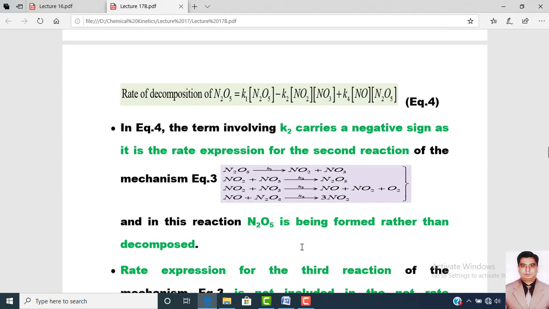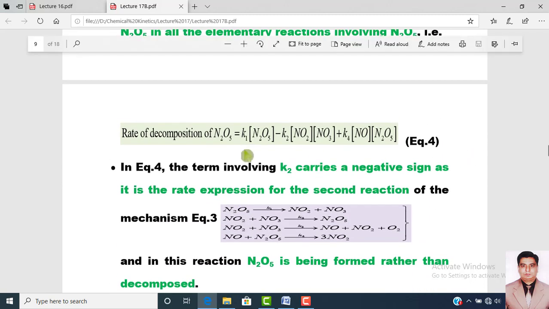According to equation number 4, the rate of decomposition of N2O5 is equal to K1 into N2O5 minus K2 into NO2 NO3 plus K4 NO N2O5. In this equation number 4, the term involving K2 carries a negative sign because it is the rate expression for the second reaction of the mechanism as proposed in equation number 3.